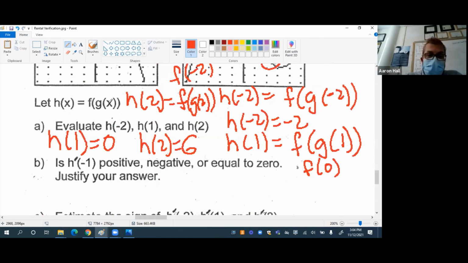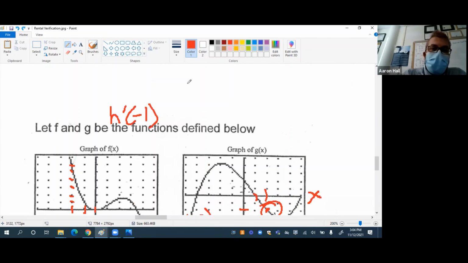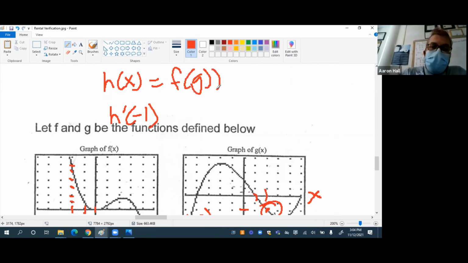If h of x is f of g of x, and I want to find the derivative of that, then what do I have to find?